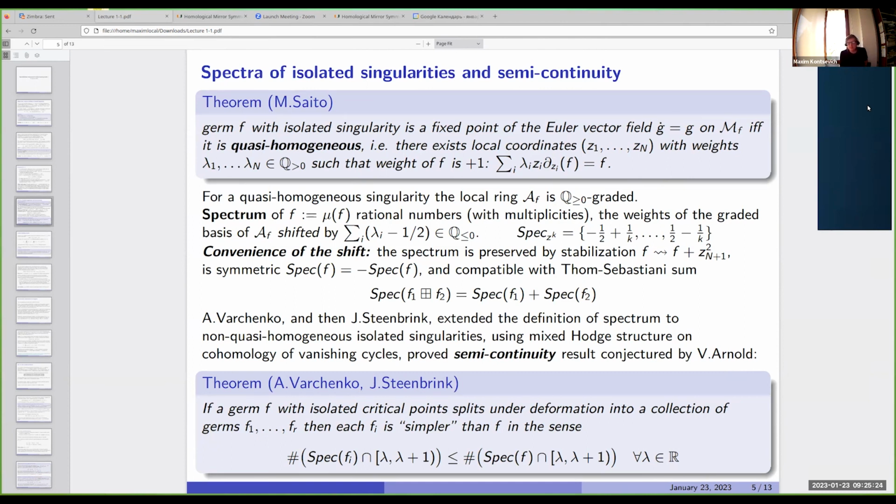The numbers are the following. You take the graded basis of this local ring, and shift by a non-positive number: sum over these weights lambda_i minus 1/2, and it will be non-positive numbers. Again, in the simplest example, the function z to the power k, you get numbers between -1/2 and +1/2. They're equally spaced, an arithmetic progression with step 1 over k.